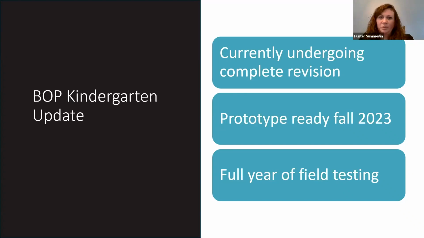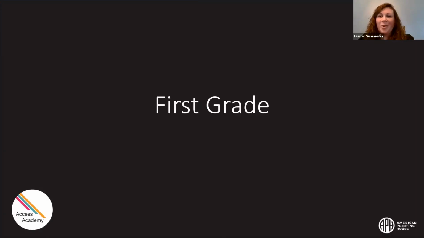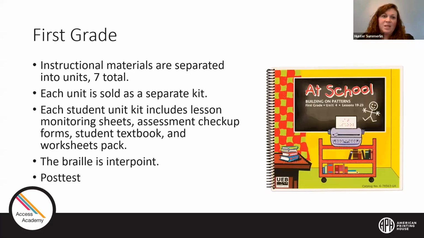Let's talk about Bob First Grade. So the contents of Bob first grade are both similar and different to the contents of the other levels. Instructional materials are separated into units, and there are 7 total units.